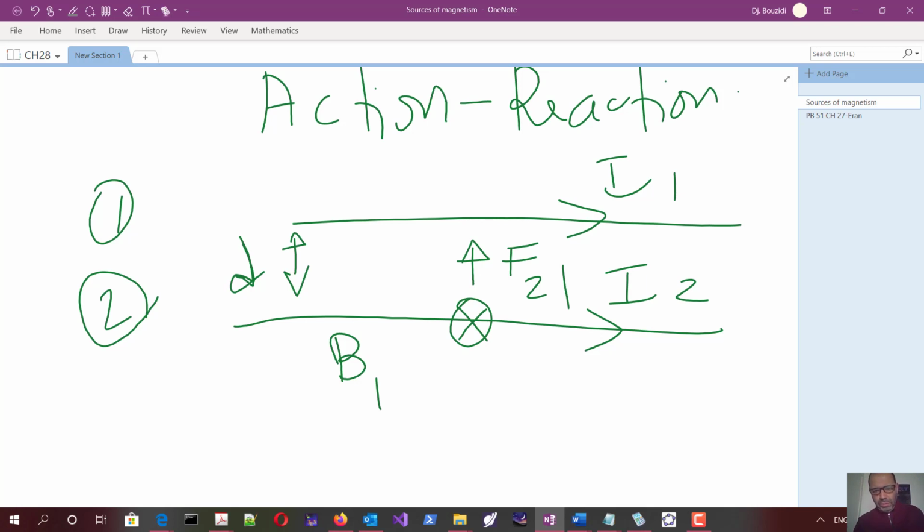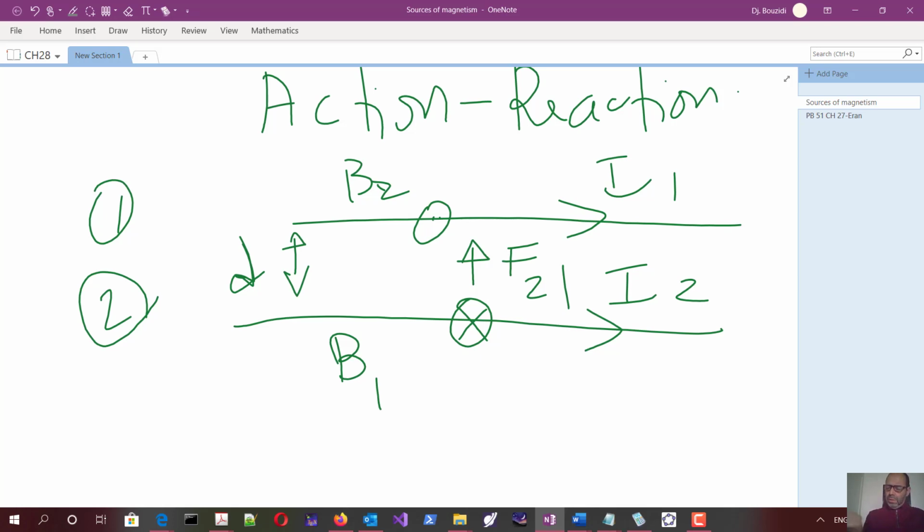Newton's third law would make the case that the second force will be pushing downward. Let's see why that is. The current is going this way in wire 2, so the magnetic field it produces is curling in such a way that at this point it's coming out of the screen. So this is B2, which has the same magnitude as the first one, except the current needs to be replaced: mu naught times I2 divided by 2 pi times the distance.